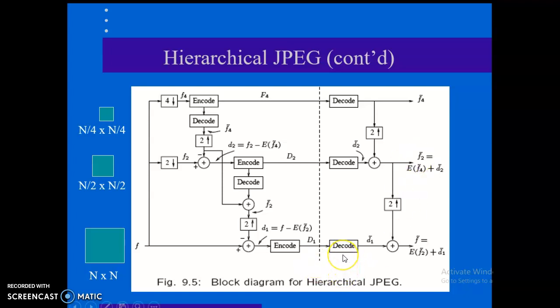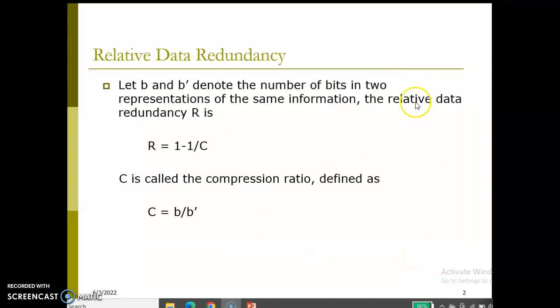Here decode, d1 approximation, summation in between n cross n and n by 2 cross n by 2, 2 up. So here f approximation equals up of f2 approximation plus d1 approximation.